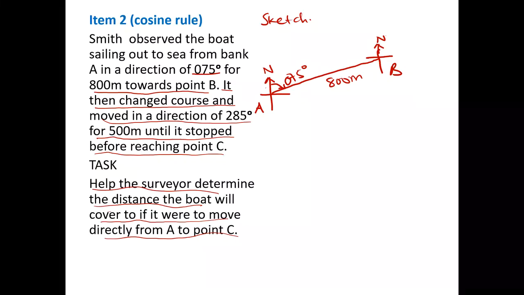But whenever they say bearing, we must measure from north. So this is 90, this is 180, and then this is 270. Now I need 15 more. So now this can be our angle here. This is our C. Now this bearing is 285 degrees, and the distance is 500 meters.